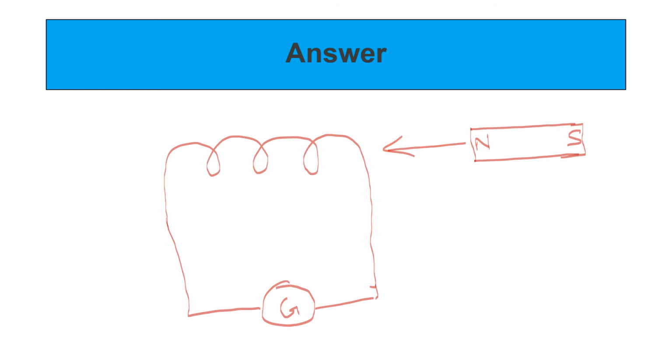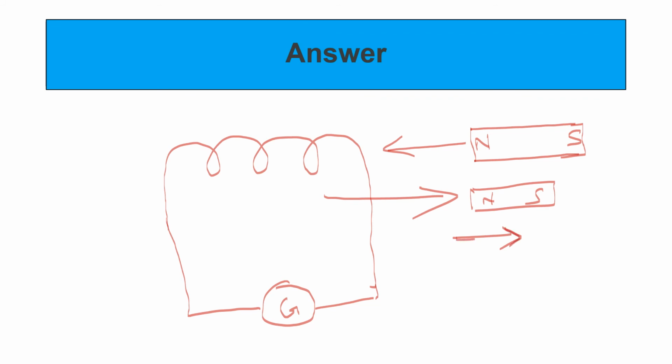What happens if this bar magnet, which is inside the coil, is now pulled out of the coil? The magnet is moving away from the coil. There is some motion, therefore induced current is produced. And what is the direction of the induced current formed?